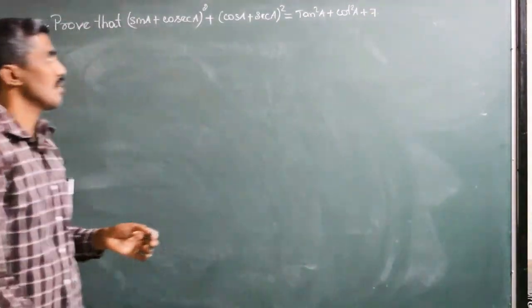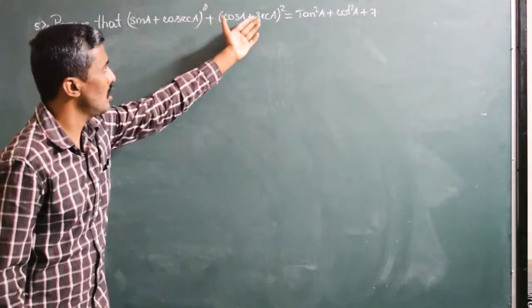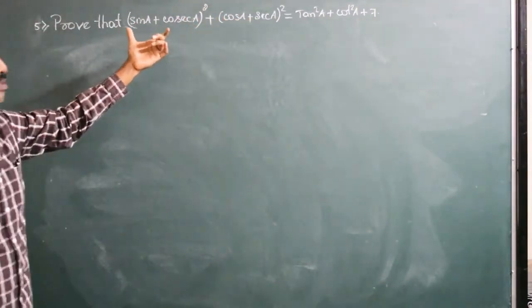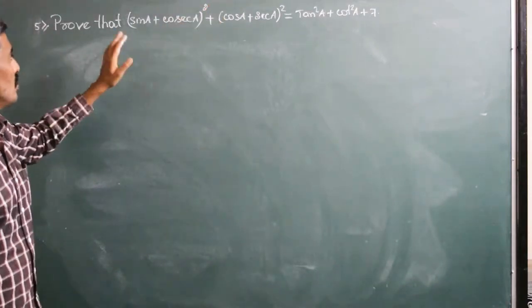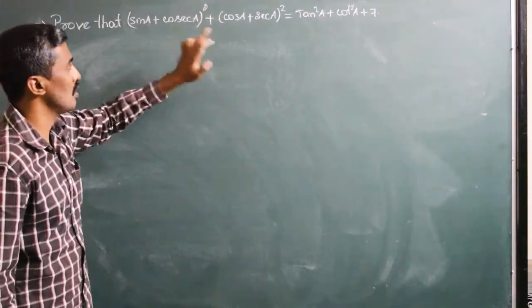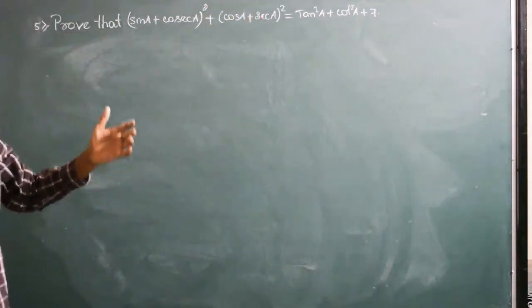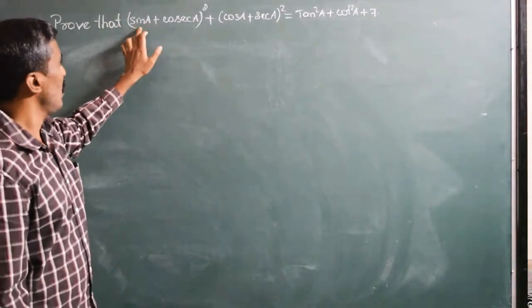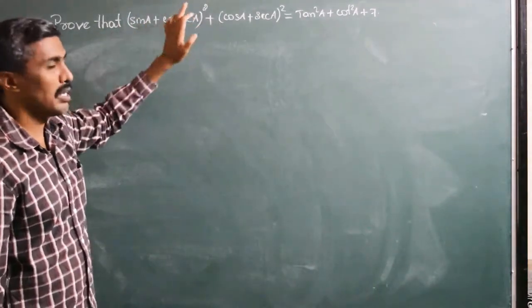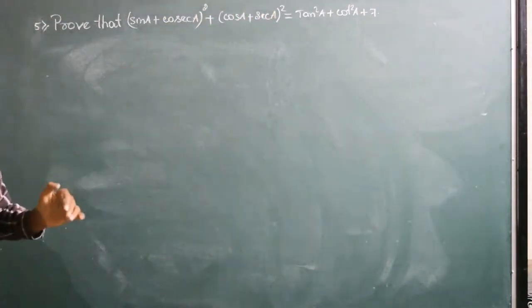The right hand side terms are tan and cot, the left hand side has sin, cosecant, cos and secant. If you take the first bracket, sin A plus cosecant A whole square, you know it is of the form A plus B whole square. The second term is also in the form of A plus B whole square. Now in the first step, expand sin A plus cosecant A whole square and cos A plus secant A whole square using A plus B whole square.